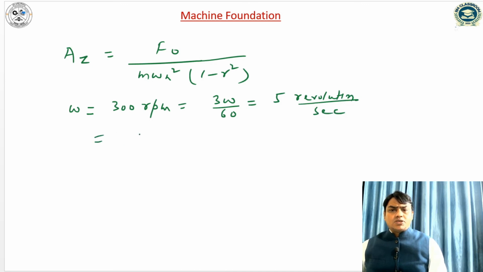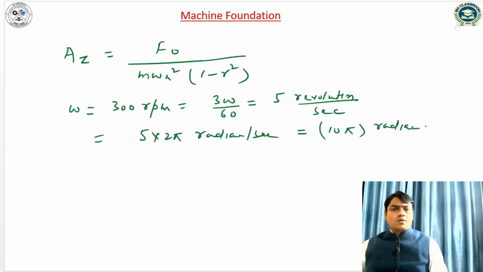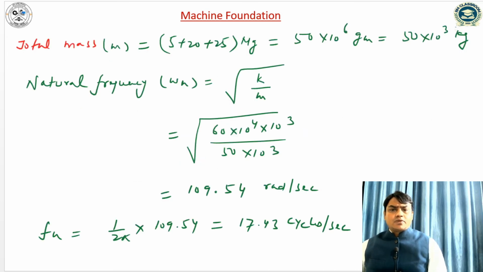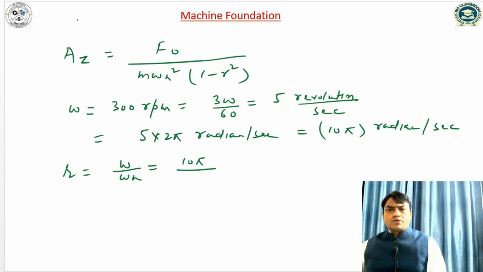It can be written as 5 into 2 pi, so 10 pi radian per second. The frequency ratio r is equal to omega by omega n, which is 10 pi divided by 109.54. So it will be 0.29 is the frequency ratio.